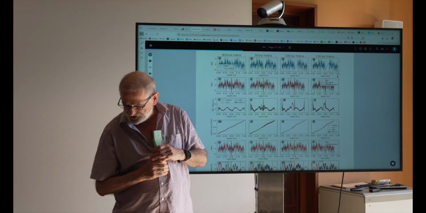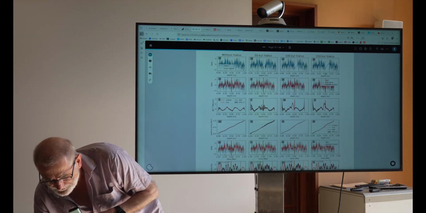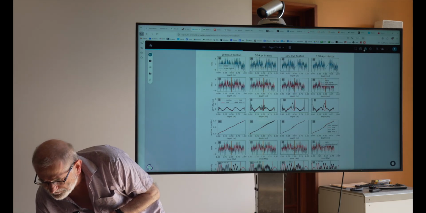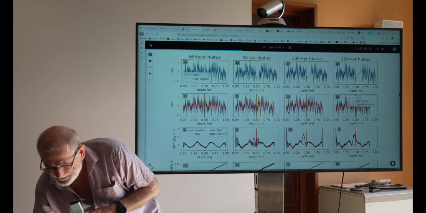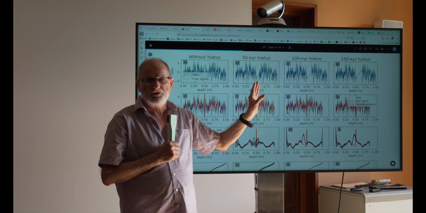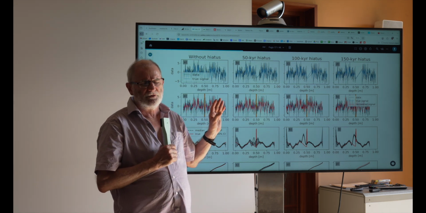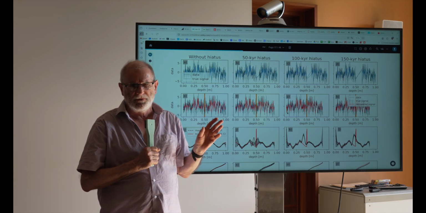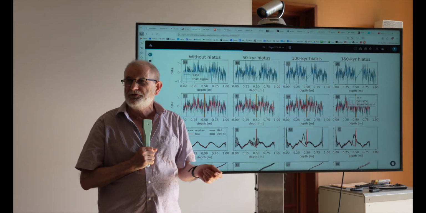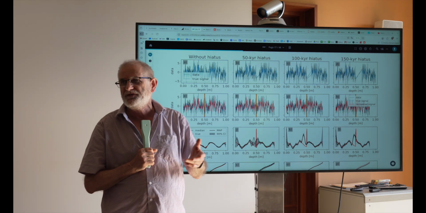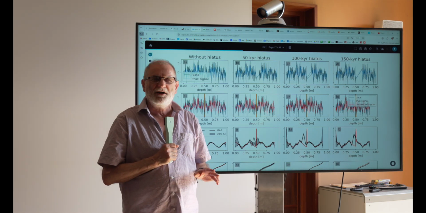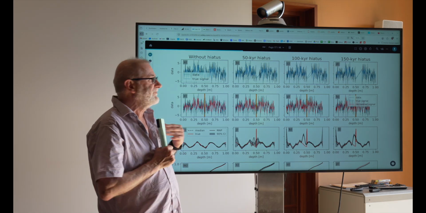Maybe I should enlarge this a little bit. So we did this experiment using the constructed, simulated data. It is always easier on simulated data, but we didn't want to make our work too difficult.